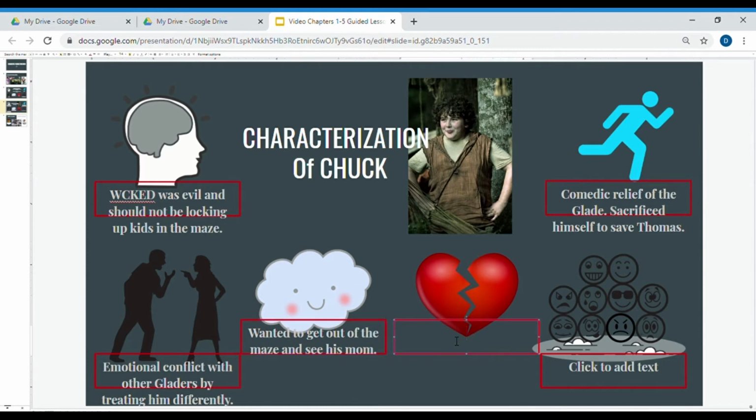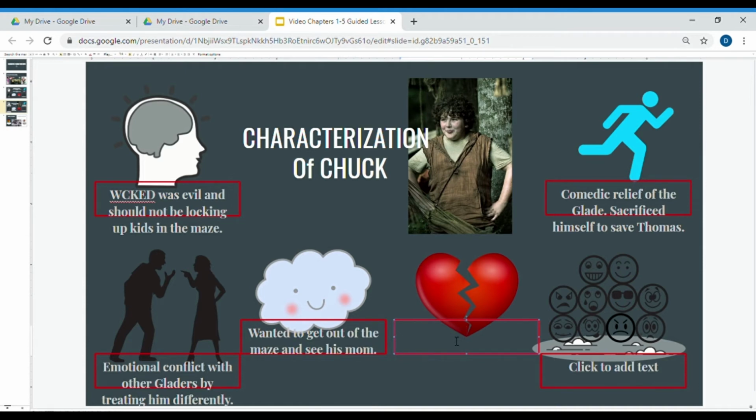Well, he really wanted to go back to his parents and to escape the maze. We know that because there was a point in which he's crying to Thomas in the book about his mom, and he also makes that little figurine that he ends up giving to Thomas at the end of the first book to give to his mother if he ever met her.